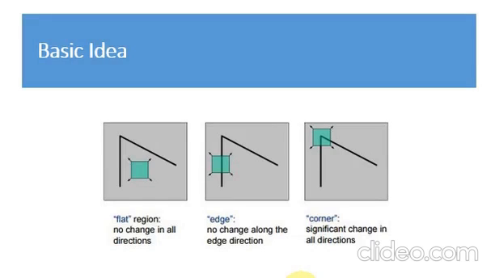So let's understand why corners are considered better features for patch matching. In the above figure, if we take the flat region, then no gradient change is observed in any direction. Similarly, in the edge region, no gradient change is observed along the edge direction. So both flat and edge regions are bad for patch matching since they are not very distinctive.